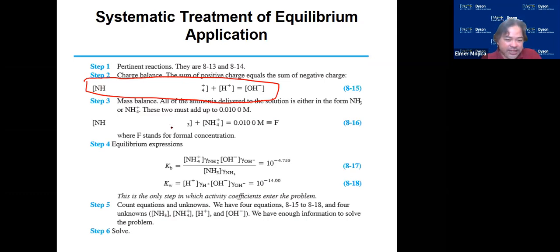Now the mass balance: we have NH3 plus NH4 equals 0.01, and that's usually the formal concentration. Then the equilibrium expression is what you will have, and this is the only time you have the activity coefficient.